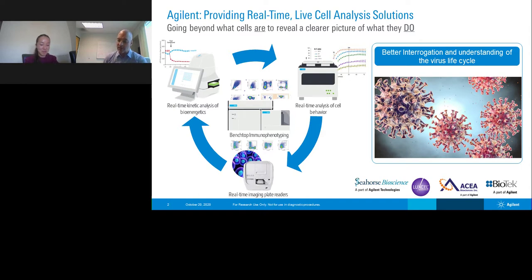The reason for that is that the impedance readout is a more information-rich signal. It includes changes in cell number, changes in cell size or morphology, and also changes in the strength with which those cells are interacting with the plate bottom.